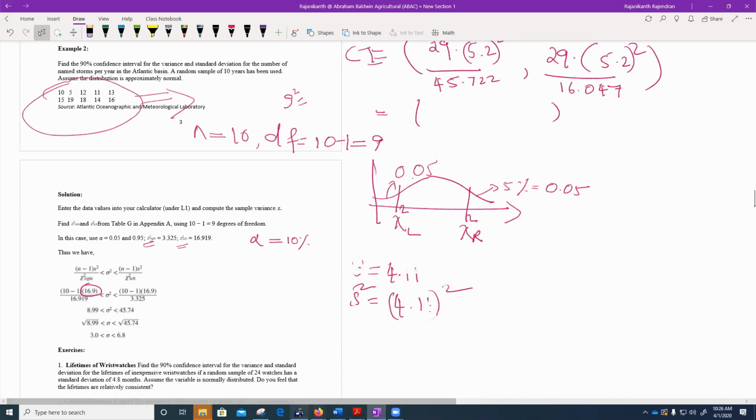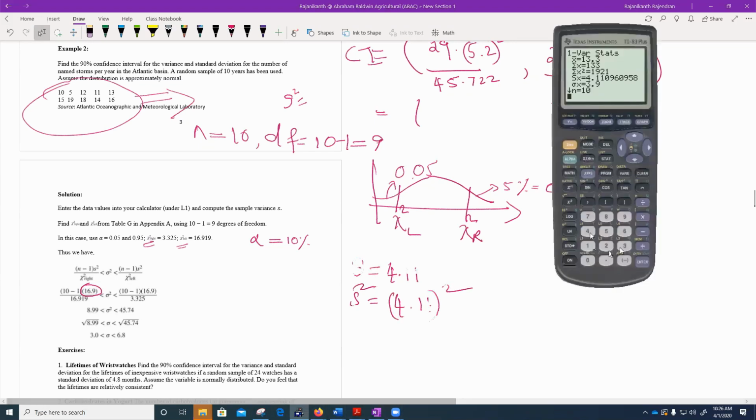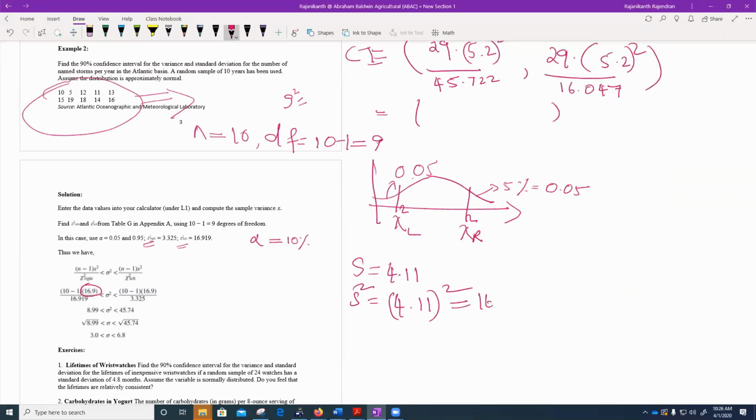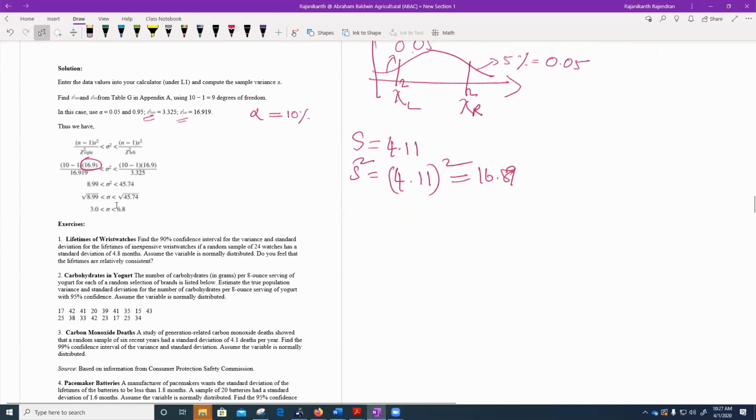What is 4.11 squared? That is 16.9, one decimal answer. That is why you have 16.9 here. So make sense? One decimal. Or if you want, you could make it 16.89. No problem. Right? So you are plugging those values. That's it. And you will get the interval.